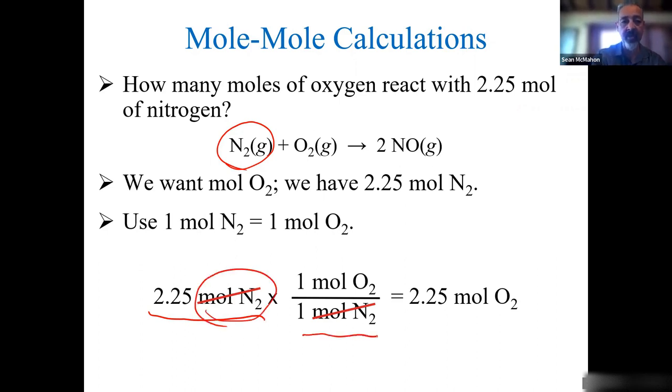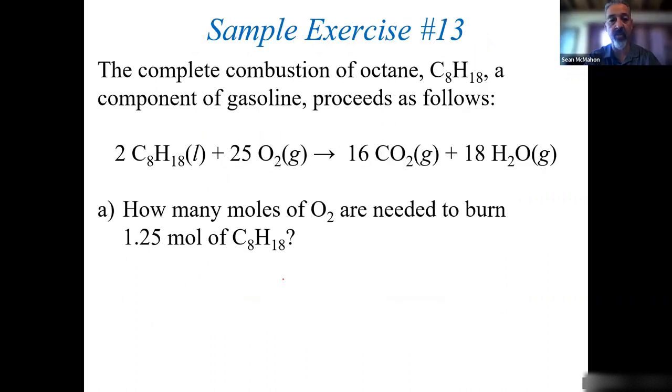And I know from the balanced equation, 1 mole of N2 reacts with 1 mole of O2. So I would have 2.25 moles of O2. And I know you're thinking that's easy. It's not always that easy, but this one is easy because it's a nice 1-to-1 mole ratio. Not all of your balanced equations are going to have 1-to-1 mole ratios.